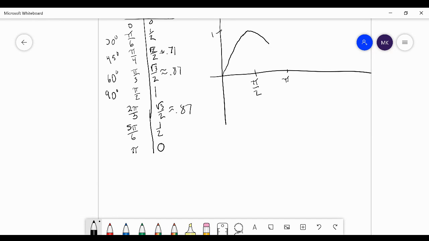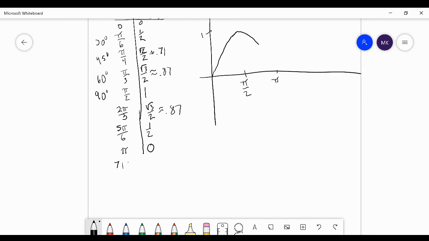After this, if I do 7 pi over 6, is that going to be back to 1/2 or to root 3 over 2? Well, it's actually going to go to negative 1/2. Then if we do 4 pi over 3, we get negative root 3 over 2.